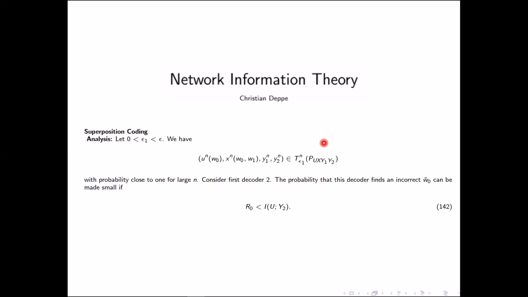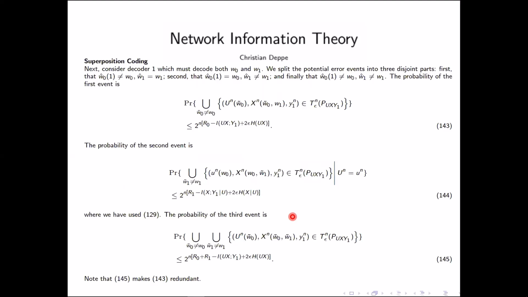That we already proved and we know this. And if we just consider decoder 2, the probability that this decoder finds an incorrect w0 tilde can be made small if R0 is not too big, and if it has to be smaller than the mutual information of u and y2, like we showed before. I think that's the easiest case.